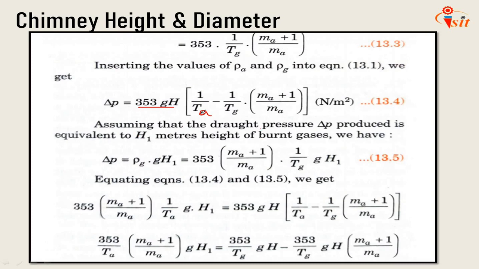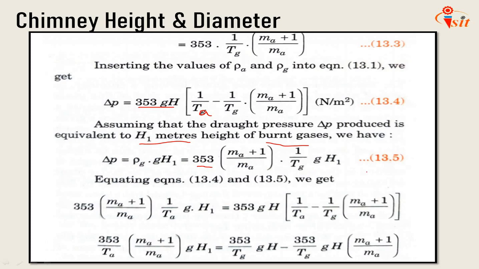Now suppose the draught pressure delta P produced is equivalent to H1 meters height of burnt gases. So what will be the equation then? Delta P equals rho G g H1. So what is rho G here? Rho G is 353, Ma plus 1 upon Ma, multiplied by 1 upon Tg, g H1.